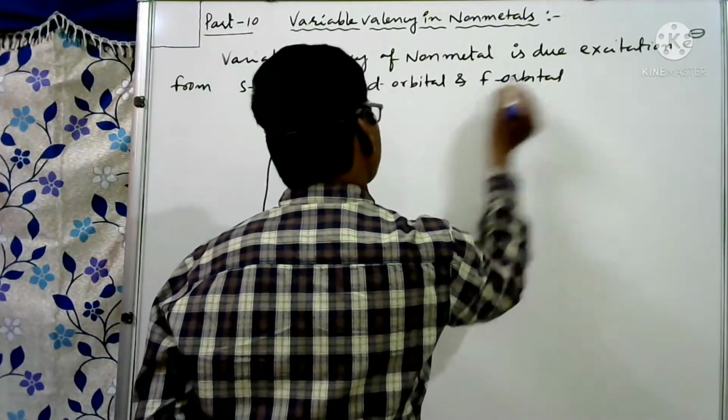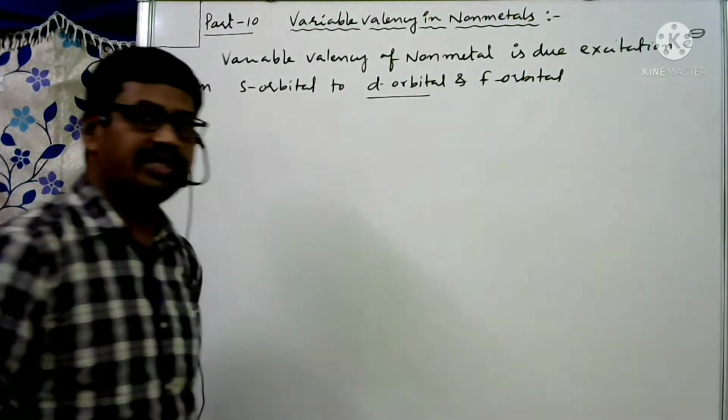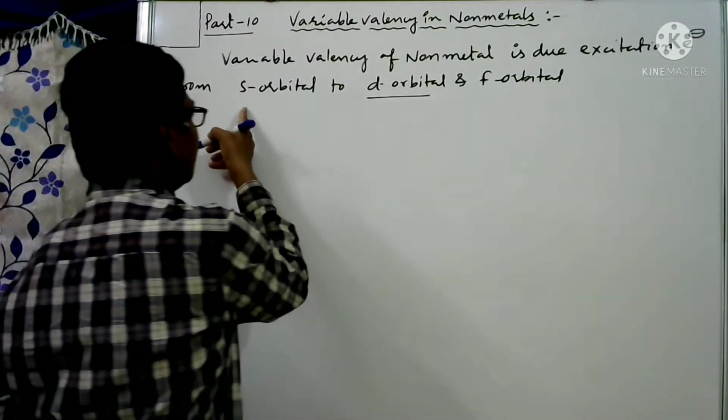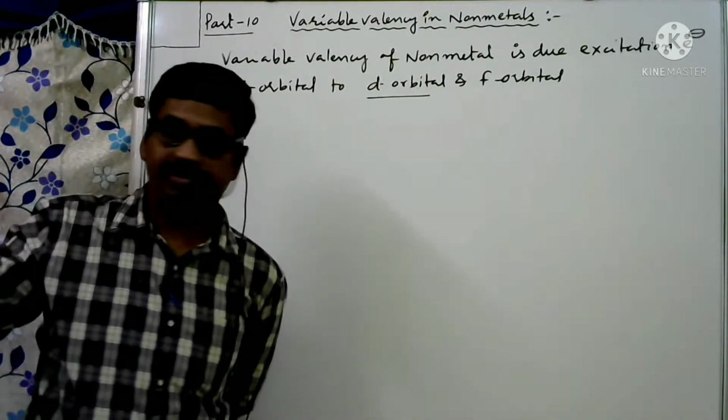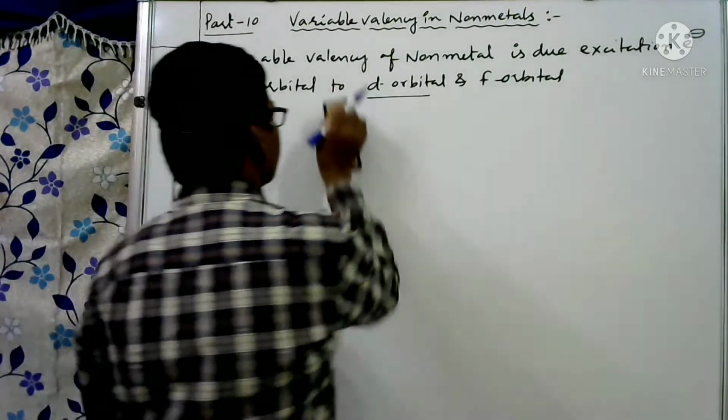Most of the cases, the electron enters the d orbital. Here, from the s orbital, or from the p orbital also, we can consider.